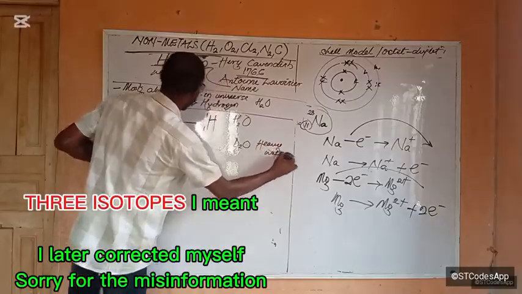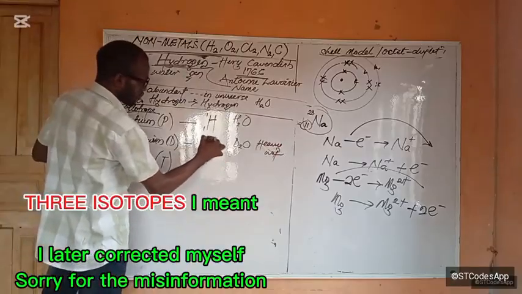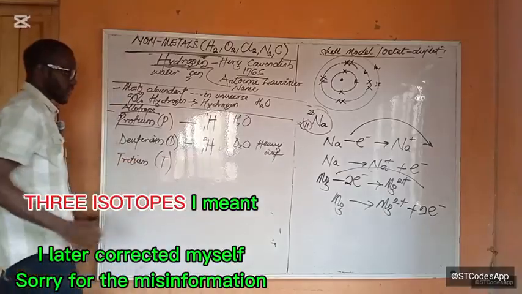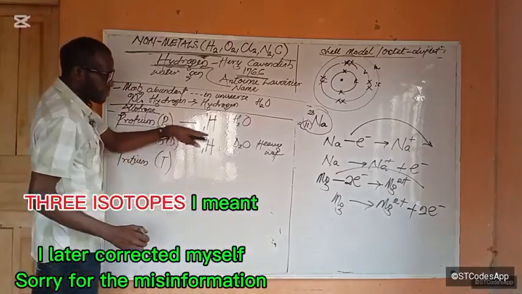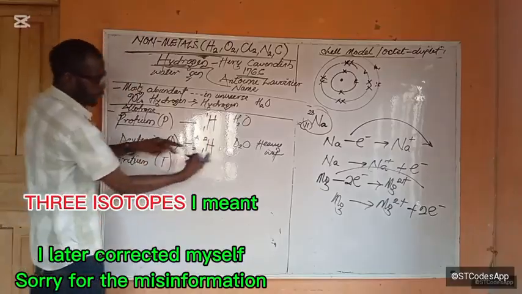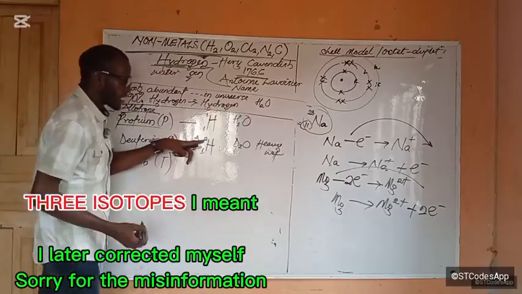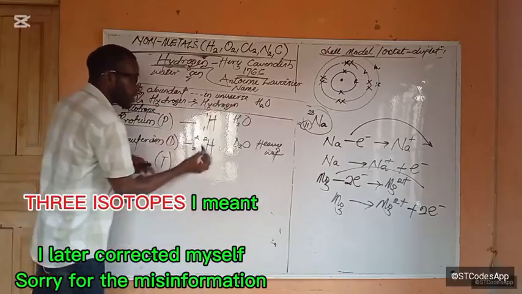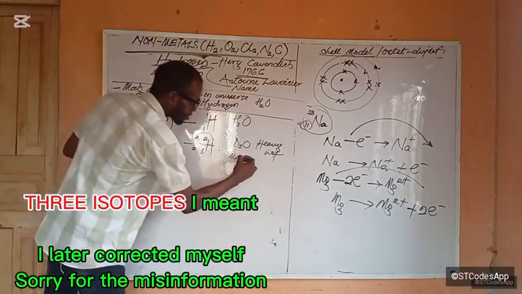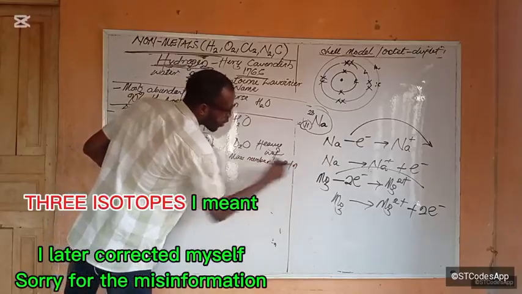Now, this guy, the nuclide looks like this. Remember that this is the mass number, like I told you. Mass number, atomic number. Atomic number is the number of protons. So how many protons will deuterium have? 1. Mass number is equal to number of protons plus number of neutrons.